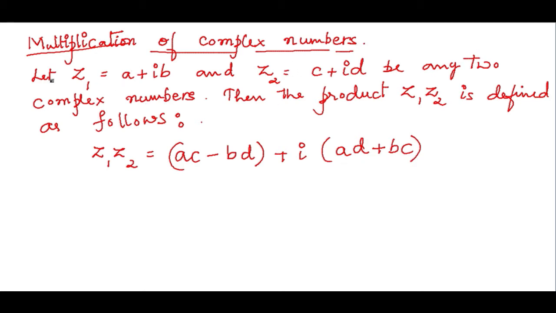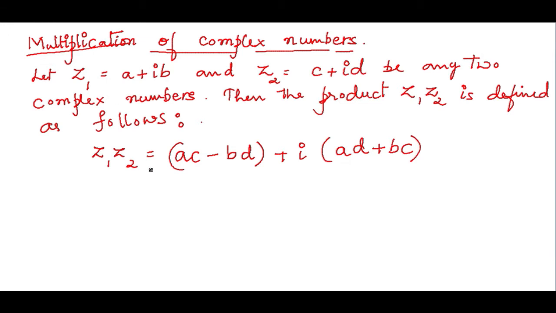Listen carefully. If Z1 is equal to A plus iB and Z2 is equal to C plus iD, this implies that Z1 and Z2 are complex numbers because we have taken them in a standard format. Then the product Z1 Z2 is defined as follows.